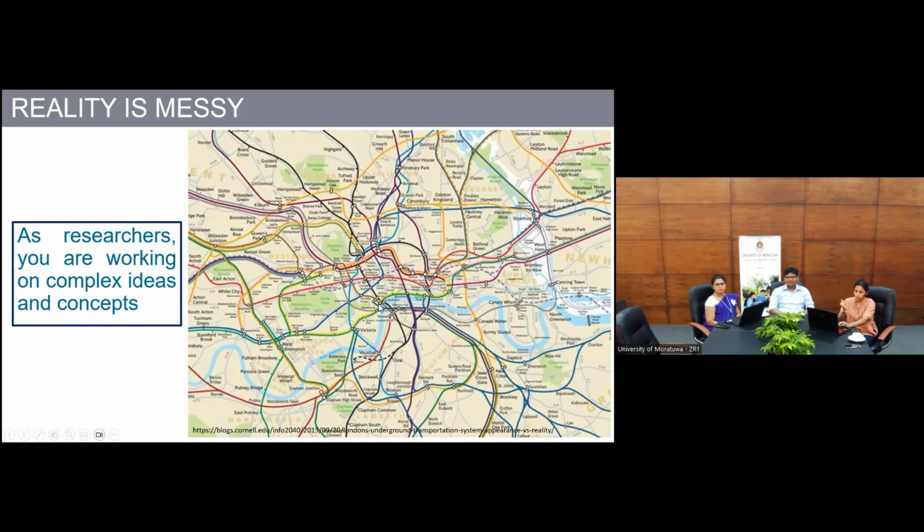This is reality. This is showing you how each of these different lines go and how you would move from one point to another. If you wanted to decide how you would go from a station over here to some station over here, looking at this map, it's very difficult to identify which line you should go on, where you should get down and change to another line and so on.